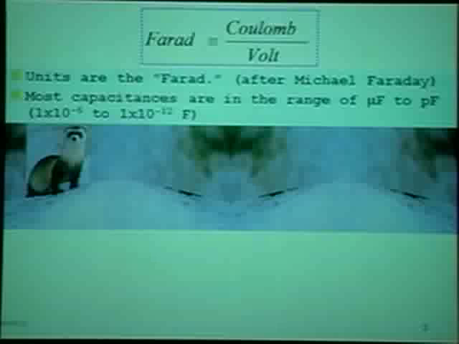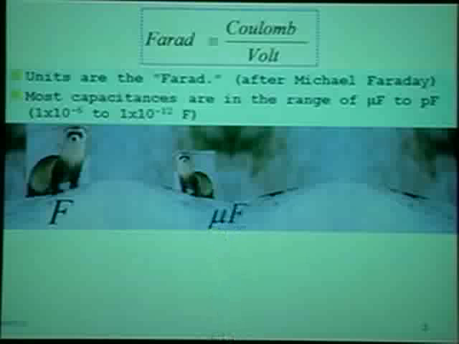In fact, we might be dealing with something of the order of a microfarad. This would be a microfarad, a little bit smaller, 10 to the minus 6 smaller. And if we're actually making measurements in the circuit, a capacitance might be like 2 microfarads.